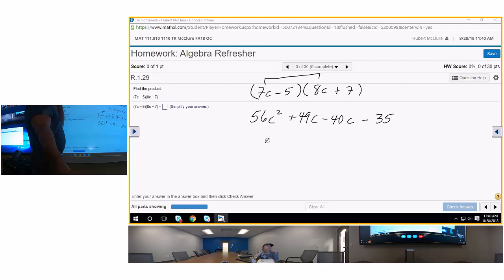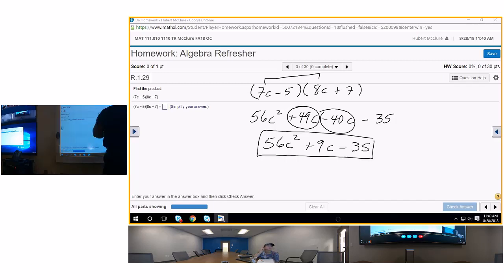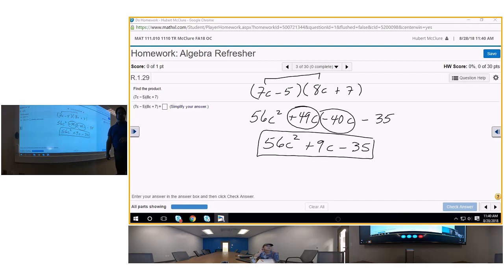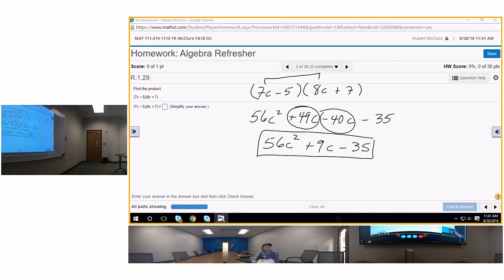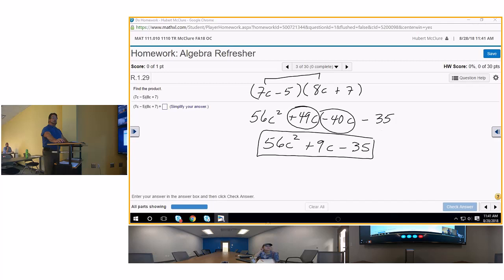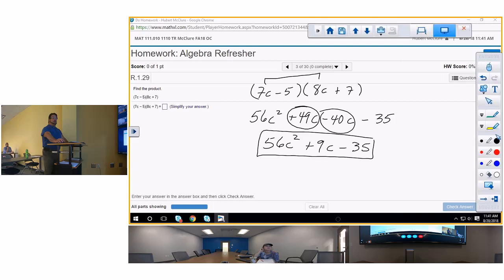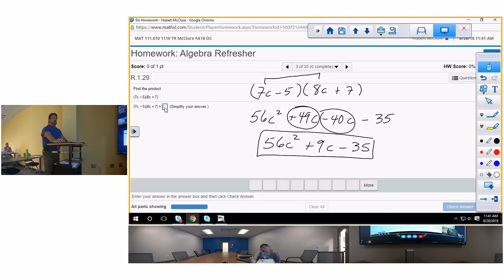All right, 56C squared. You have $49, you owe 40, you have $9 minus 35. So if you got that correct, then you feel good about yourself. If you didn't get it correct, then you need to do some more problems. When you type in the answer, you usually get a similar problem. If you got it wrong, then it's saying it's broke, you need to fix it.